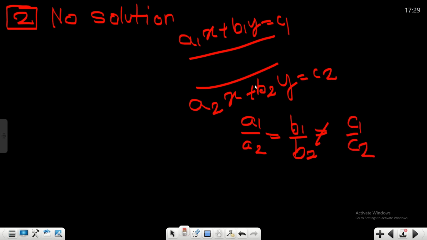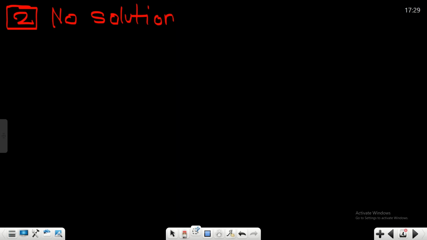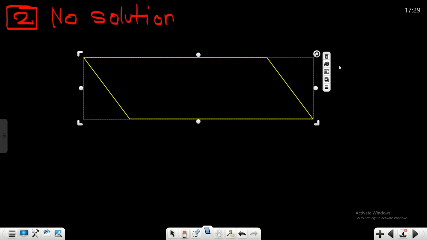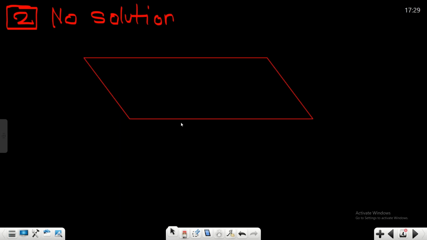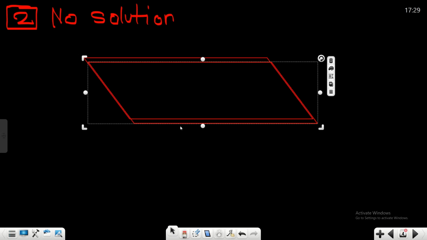You must have remembered this condition. You must have seen straight lines as well in 11th standard, right? Similarly here also we are going to apply the same condition. If I have two parallel planes, no solution means what? The planes have to be parallel, then only they can't have a solution, right?